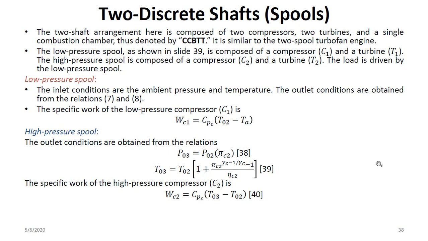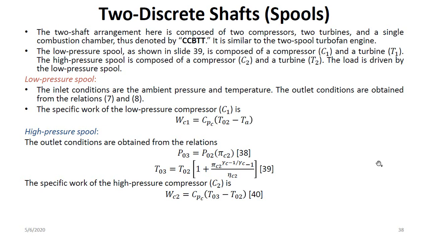So now let's look at two discrete shafts or spools. So the two shaft assembly here is composed of two compressors, two turbines, and a single combustion chamber. That's denoted by two C's, one B, and two T's. It is similar to a two-spool turbofan engine.